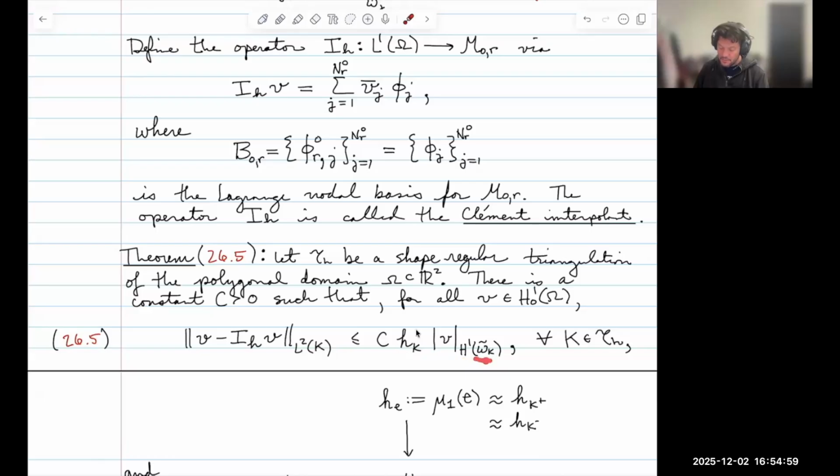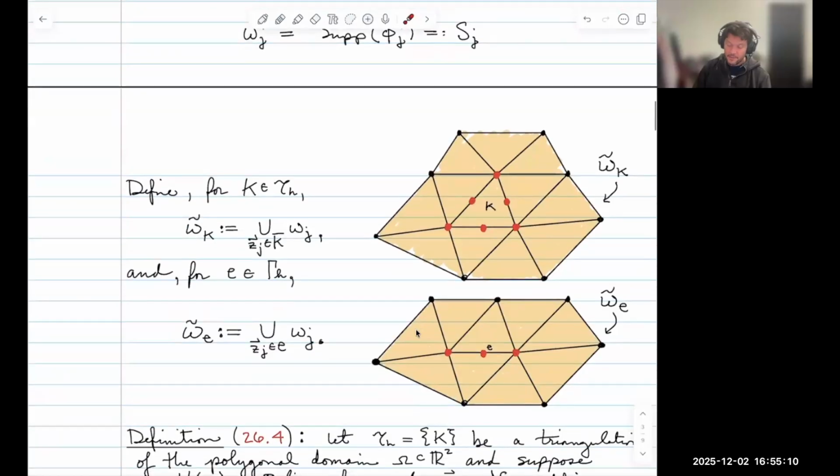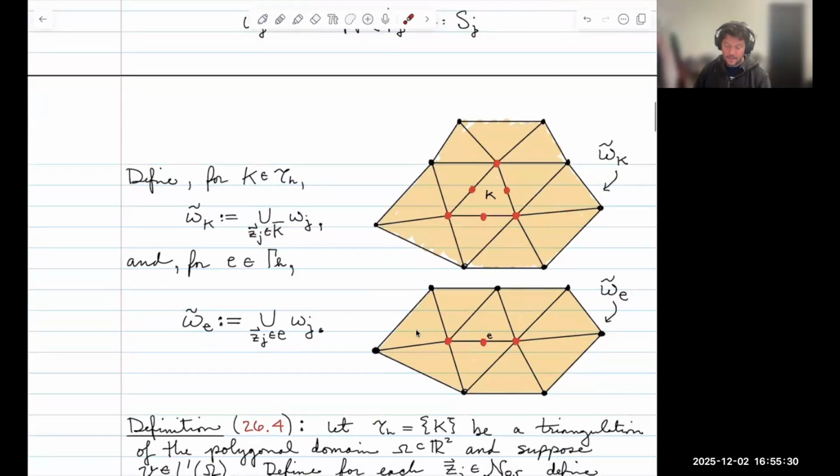But here's where we need those special definitions that we just made. It's not over omega K, and it's not even over K. It's over omega tilde K, which is this big set here. Even though we're really only interpolating this function on this set, we need the size of the H1 norm of the original function on this much bigger set, all of this omega K tilde.